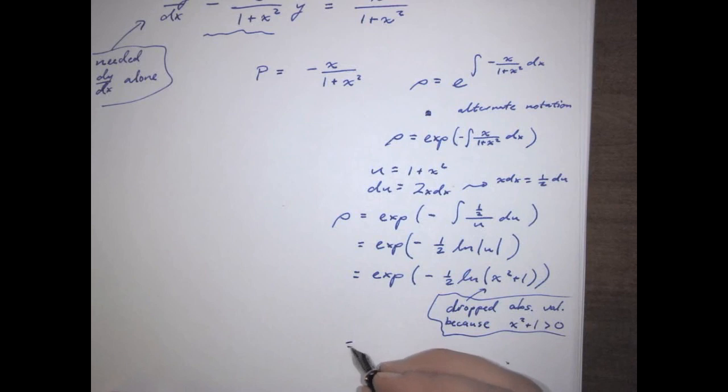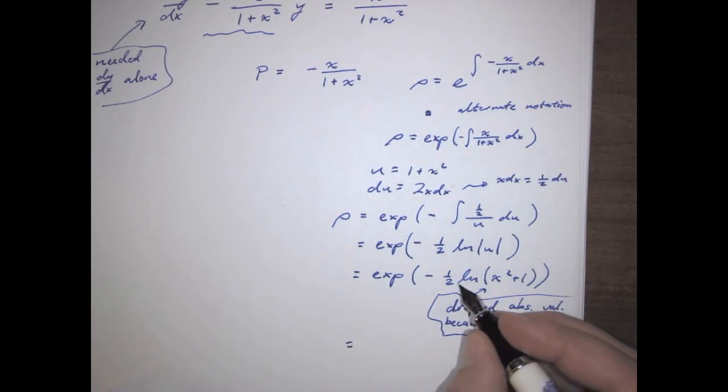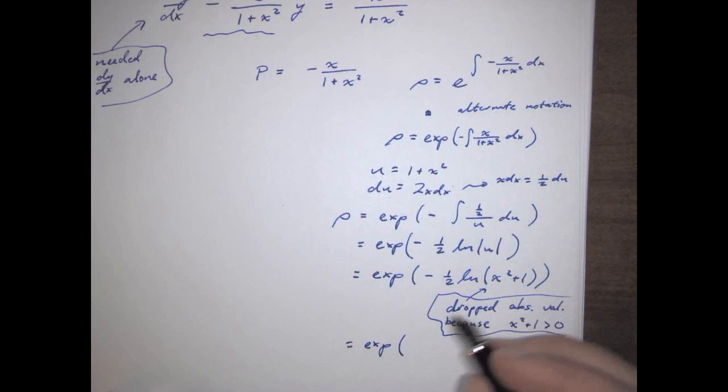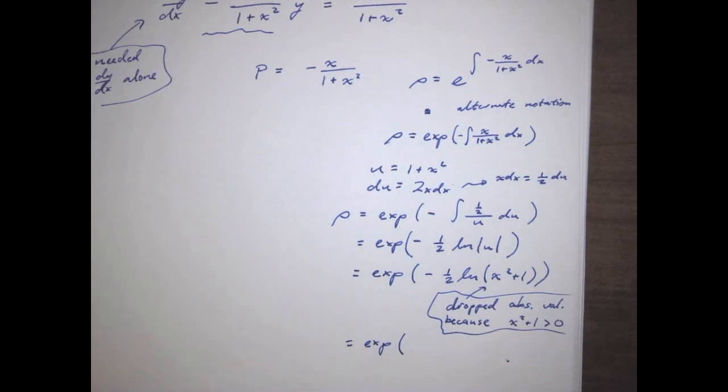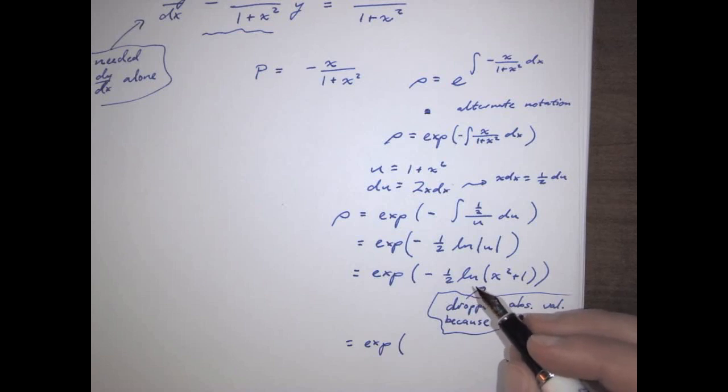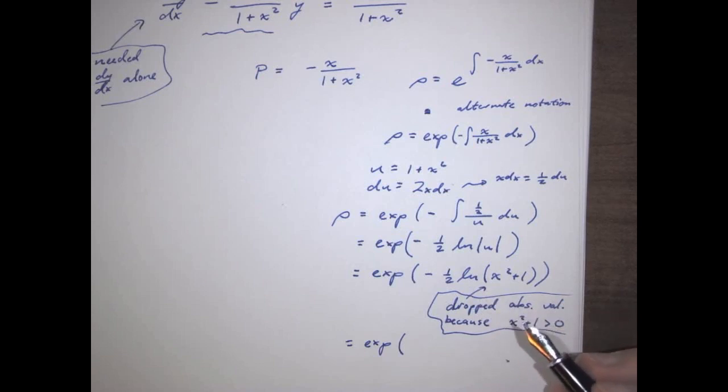So then, thinking about this, what we've actually got here is the same as exp. Now let's think about this. We've got an exponential function here and a logarithm here, so you might suspect that they are going to cancel each other.